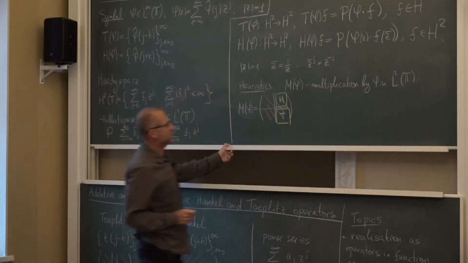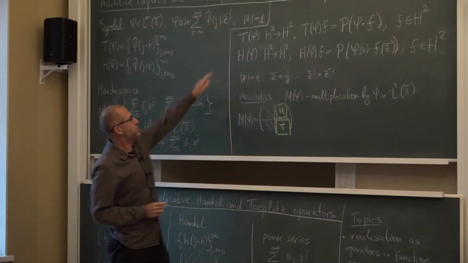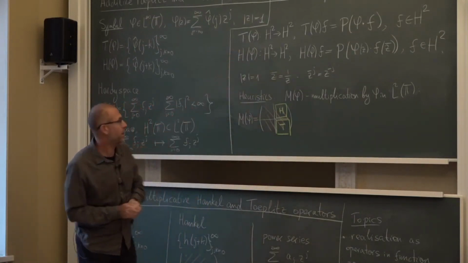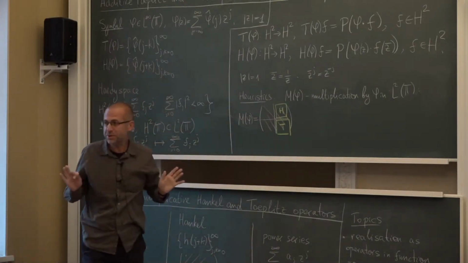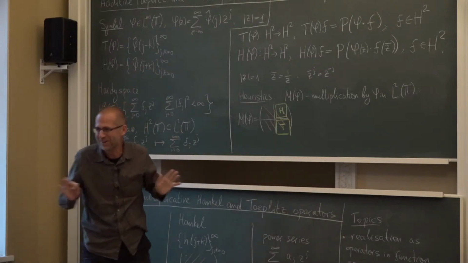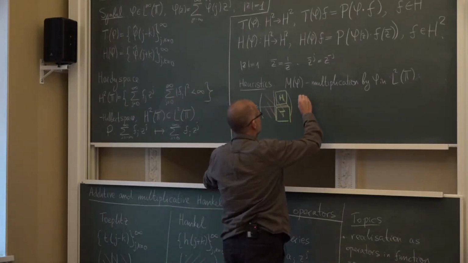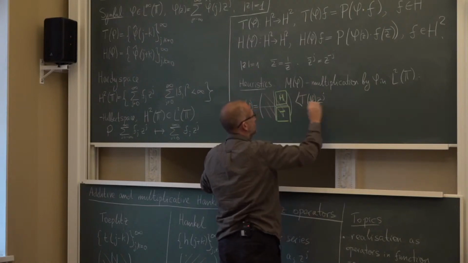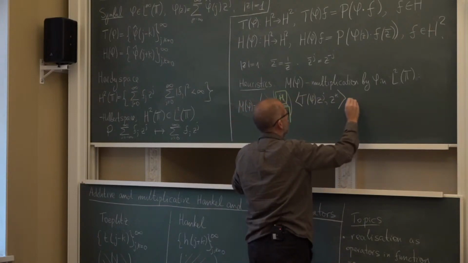Now let's make it slightly more precise. Let's just take, for example, the Toeplitz operator and compute its matrix in the standard basis. I claim that it's going to be exactly this. This is the only computation I'm going to do in the lecture, so let's do it. For the Toeplitz operator, I take Zj, Zk.